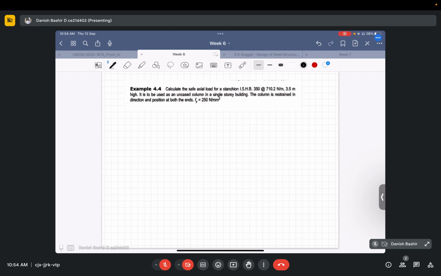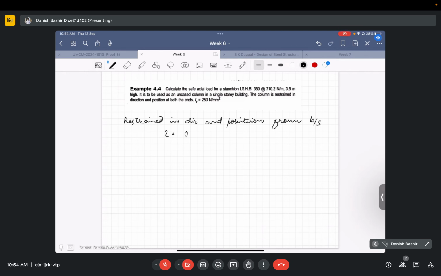Since it is restrained in direction and position from both sides, what will be the effective length?